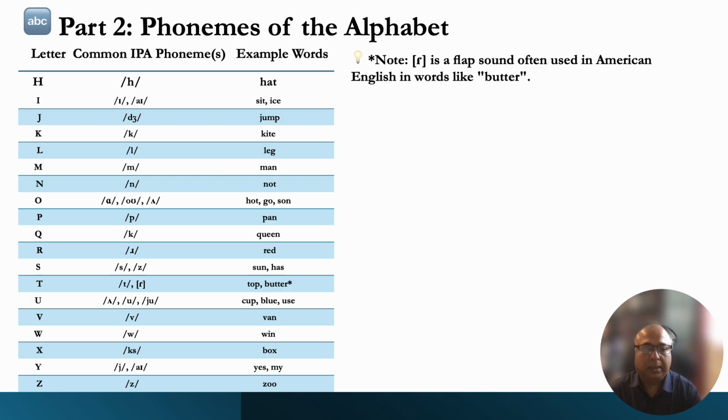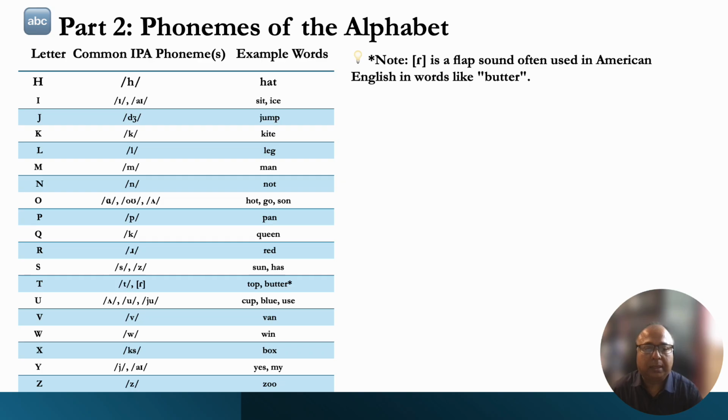L is L as in leg. M, probably the easiest sound to pronounce, right? All you have to do is join your lips. As in man. N, as in not. O, okay? As in hot, go, and sun.